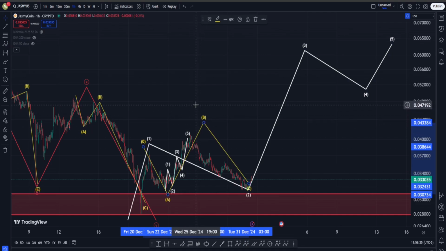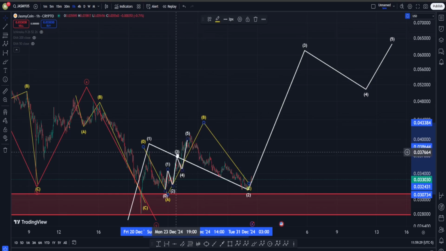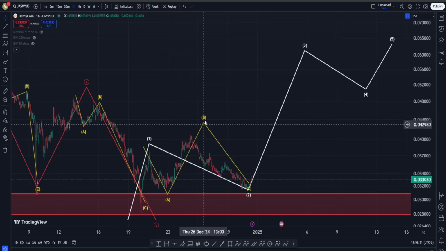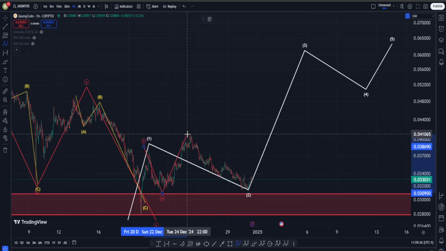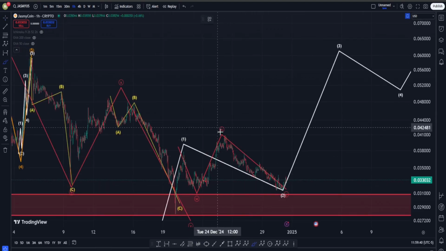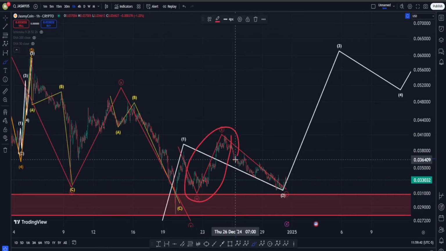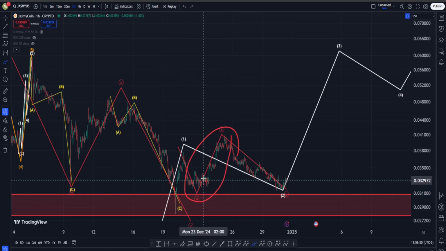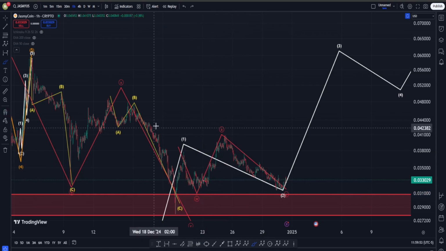And in that case, for our B leg, we must have an ABC zigzag and not a 5 wave on the upside. Are you going to say that maybe this is, let's say, a WXY structure? Then even in this scenario, for our wave X, we must have some sort of a corrective movement and not an ABC zigzag. And that's why taking this low was so important for me in the previous videos.